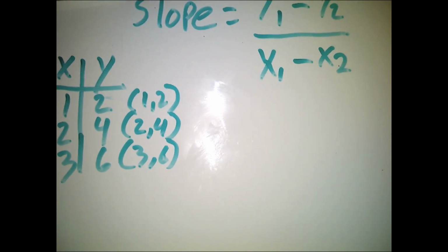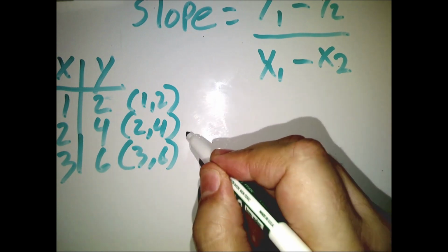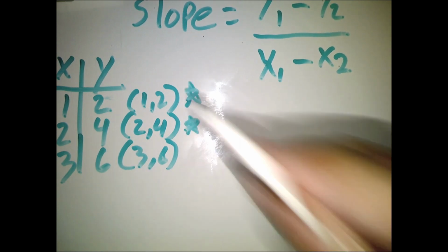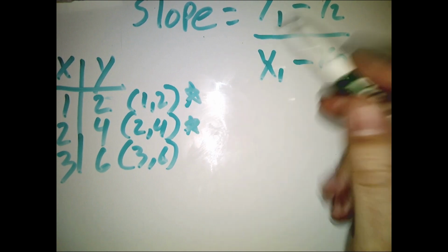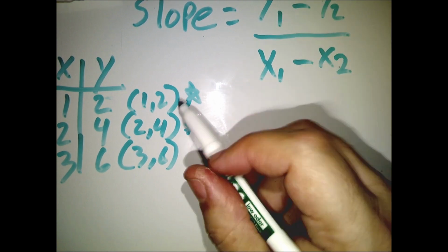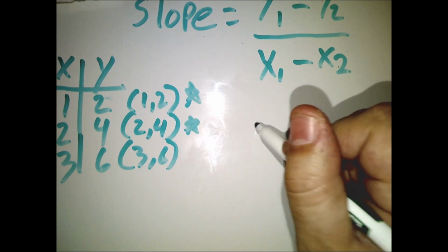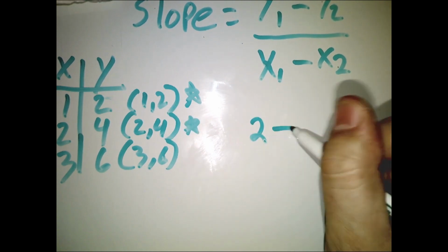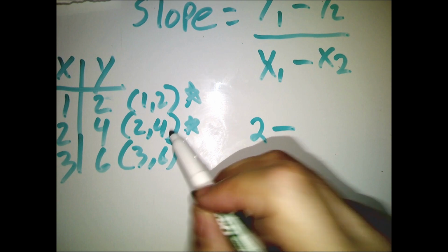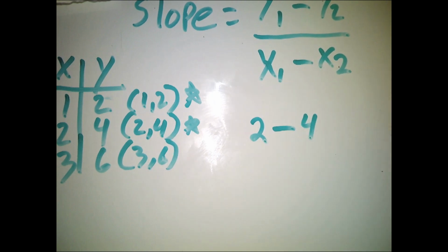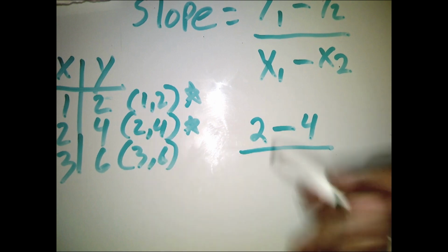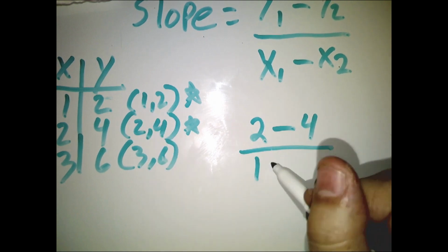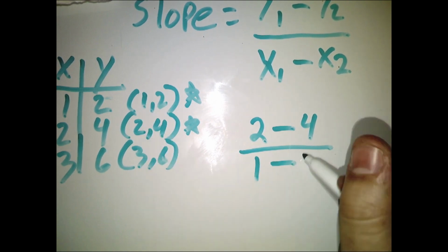Doesn't matter which 2. Just for sake of this video, I'm going to take this one and this one. So we're going to choose this as our first, y1. This y value is 2, so we're going to put 2 minus our second y value, which is 4, divided by the first x value, which was 1, minus the second x value, which is 2.